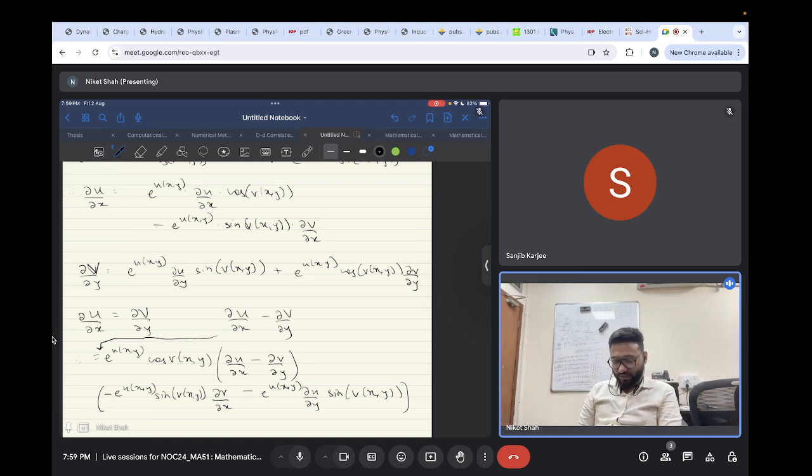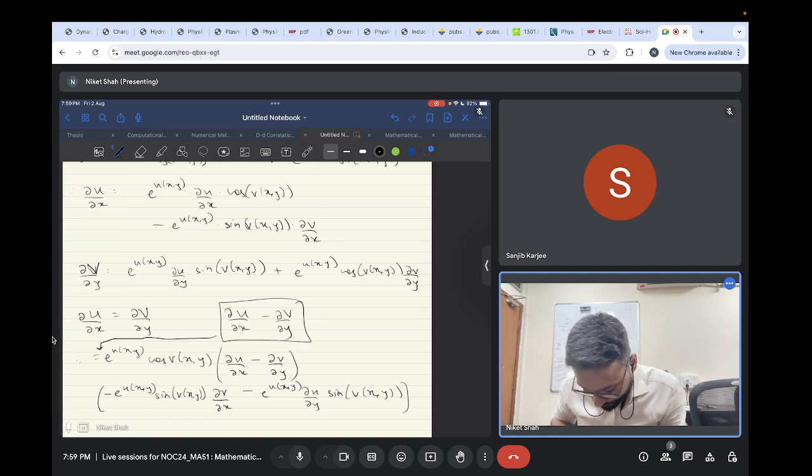So this is what it is. Because there is a negative sign in front of del v by del y, del capital V by del y, that's why there will be a negative sign here also.